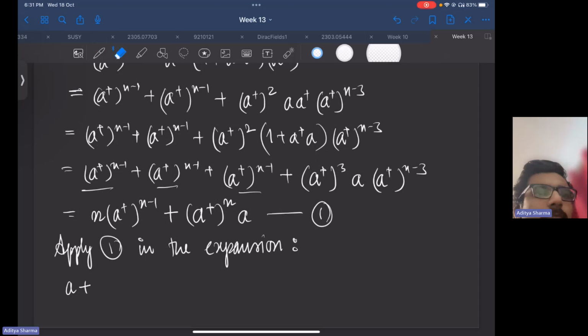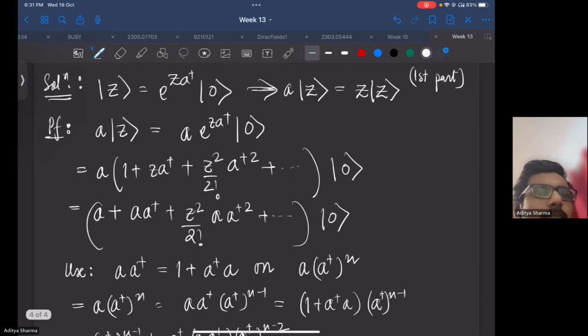So that is 0. So 1 plus A dagger A plus 1 by 2, z square by 2, plus A dagger A.